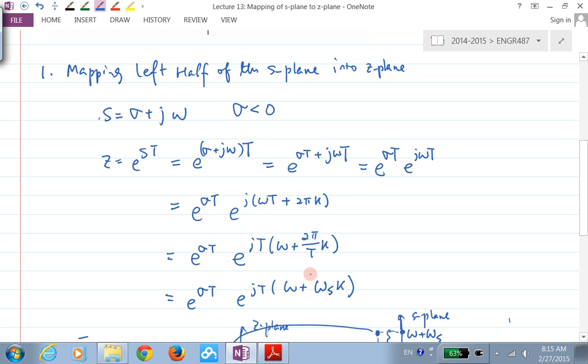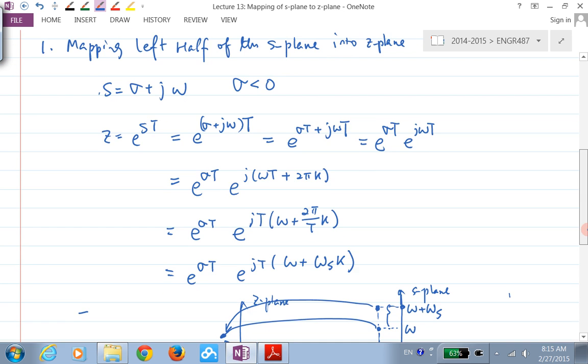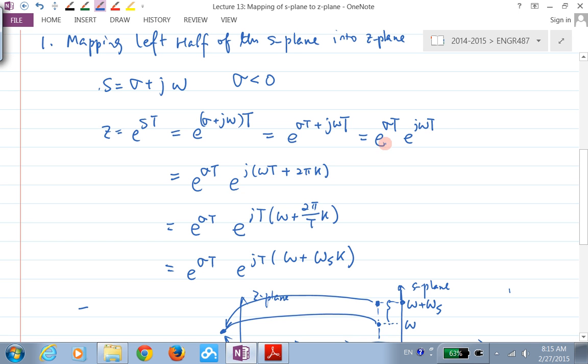Now, if the question is what's the magnitude? This is a complex number either way, and you can always ask what its magnitude is. The magnitude is R and then theta. Theta is omega T, and R is the magnitude of the whole thing.